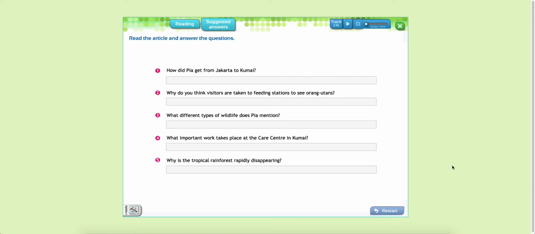I guess that is because it was easier to get. Okay, because it could be easier to see them, and because they have the possibility to feed them. Yeah, give them some food at the place.